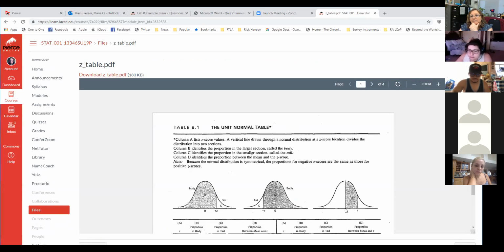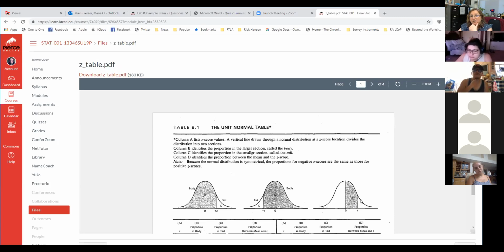So the proportions we're looking for is from the mean to the z-score, and the mean here to the z-score here. Think of another line here that's shaded as well. So you're looking for this area under the curve, because remember, the area is the proportion. It's the probability.